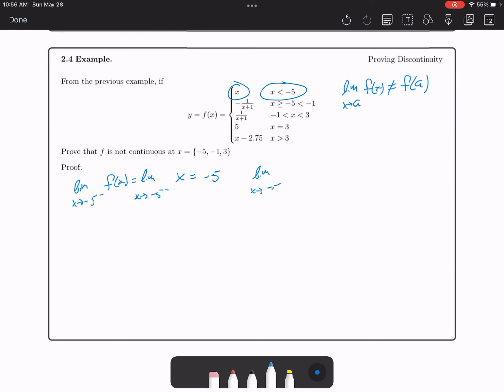As I approach -5 from the right, I don't know why it looks like that. That should read -5 less than or equal to x less than -1. So on the right side of -5, I look like -1 over x plus 2.